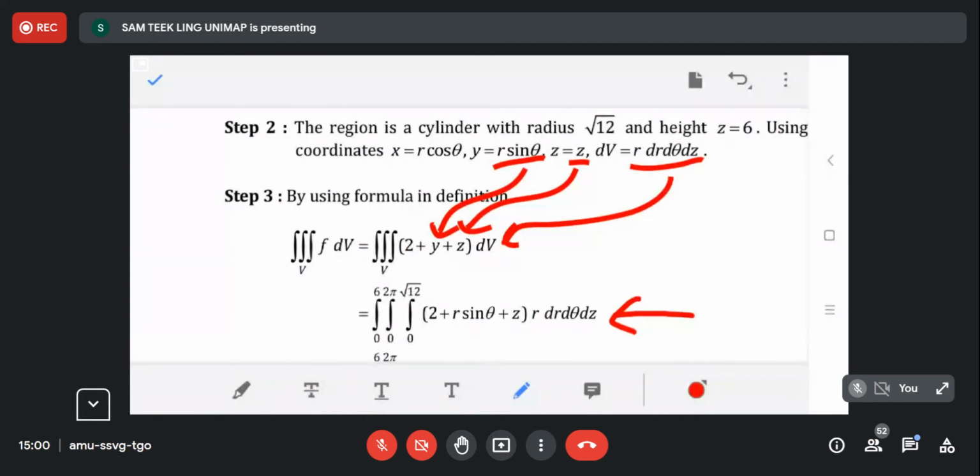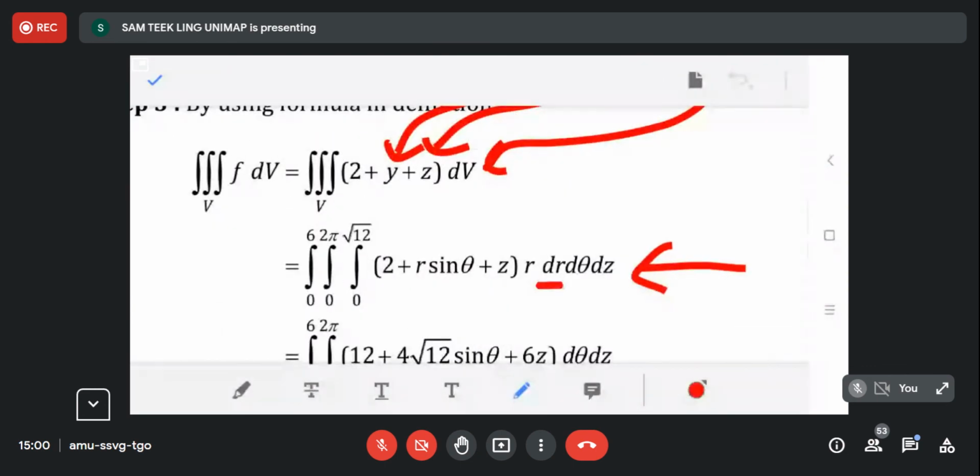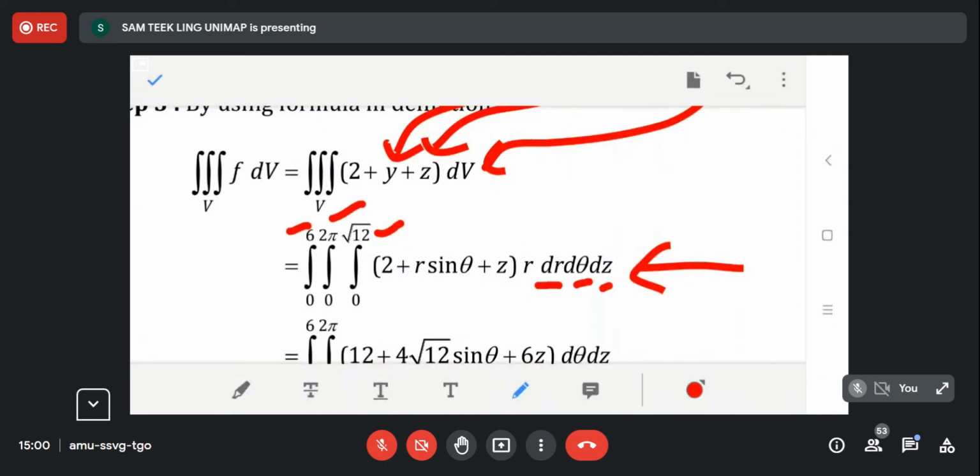So also write out your limits. You can see r goes from 0 to square root of 12. Your theta is a full cylinder, so 0 to 2 pi. Your z goes from 0 to 6. This one comes from your question. Your radius is 0 to square root of 12, not 12.